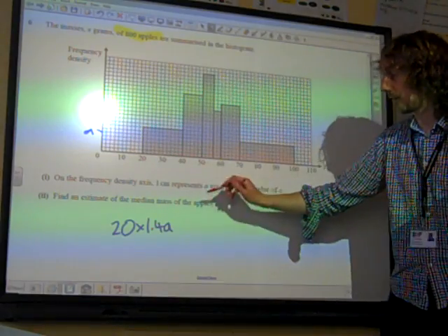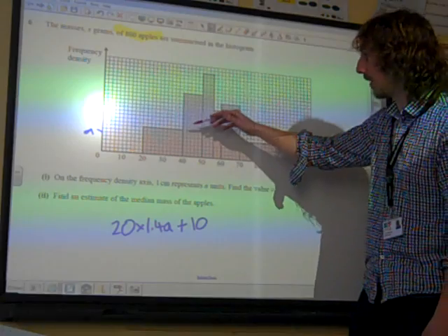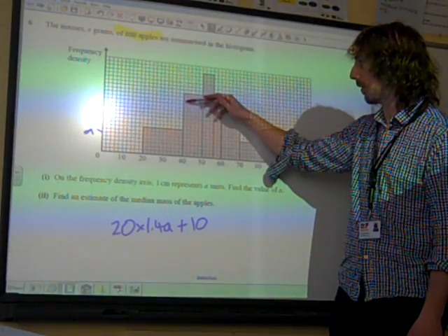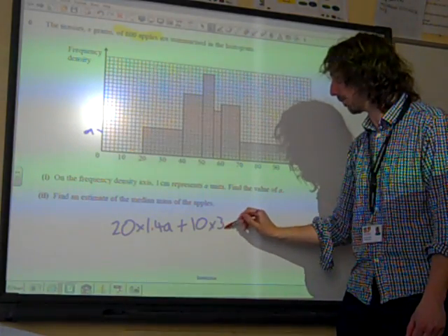The next bit has a width of 10, and that height would be, I think that one came out as being 3.4. That was 3 up there, and then we have 2/5 as well. So that's 3.4A.